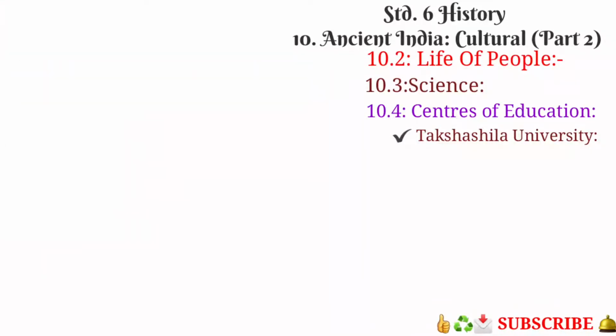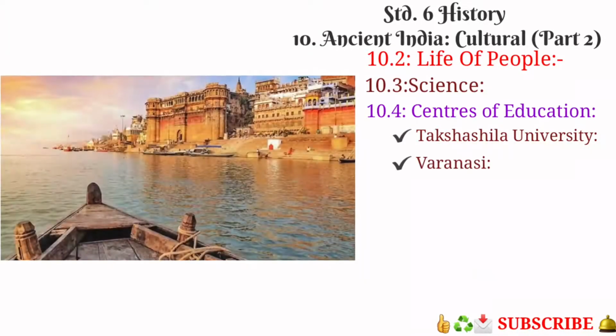Now we shall study the next one, that is Varanasi. The river Ganga has two tributaries, Vara and Asi. Students, tributaries mean a branch of a river or a stream flowing into a larger river. Okay, so here Ganga has two branches, that is Vara and Asi.